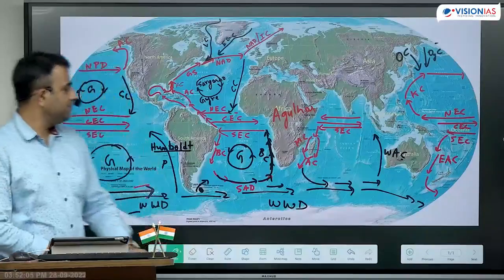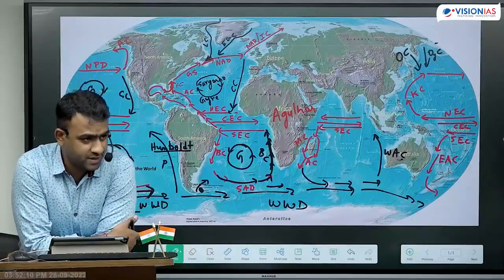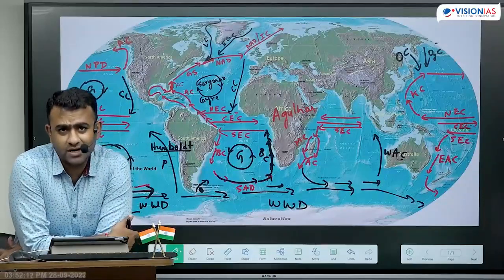ठीक है, कौन कौन सा है? South equatorial current, Mozambique current, Agulhas current, west wind drift, and then West Australian current.